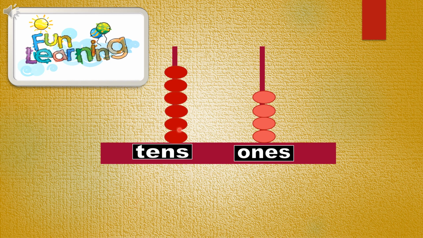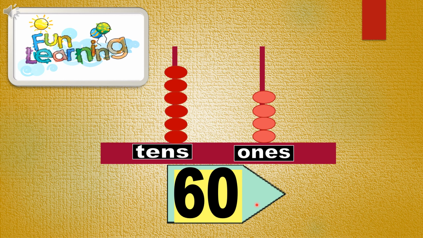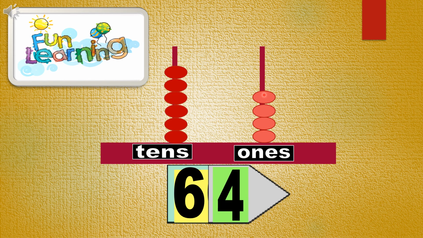So we have 1, 2, 3, 4, 5, 6. That is 6 tens. We can also write 60. And in the ones place, how many beads are there? 1, 2, 3, 4. So 60 plus 4 is 64.